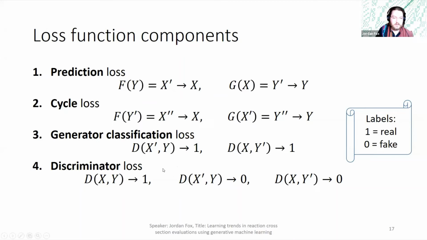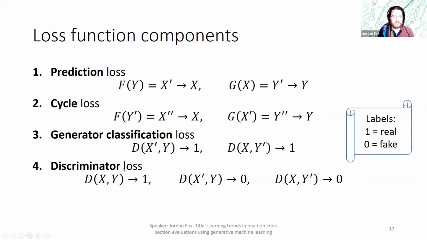And the last thing I want to point out about these is that you may notice that the terms in generator classification loss and the last two terms of discriminator loss are contradictory, right? What's happening here is the first three of these loss terms are being applied to the generator only. So this is how we compute the generator gradient that the optimizer uses to change the weights. The discriminator loss, the fourth term here, only applies to the discriminator.